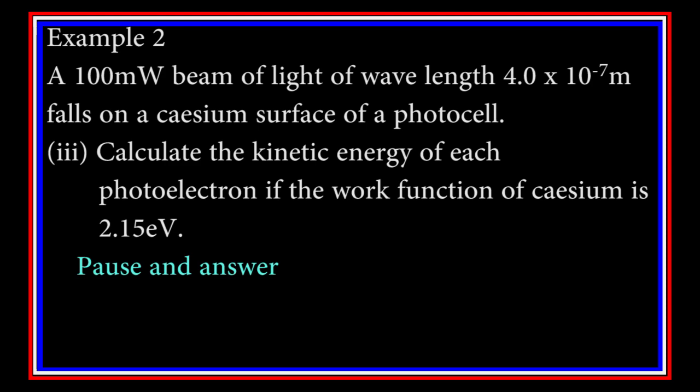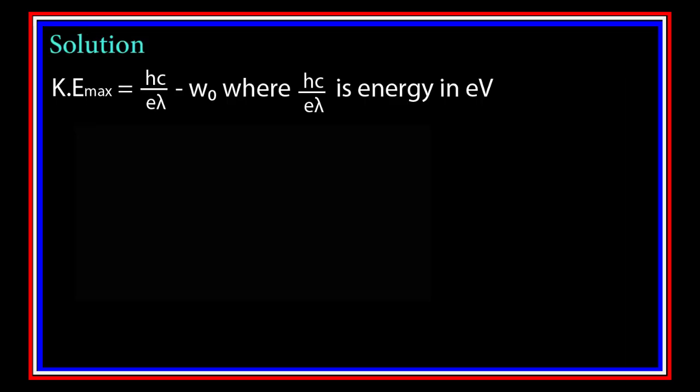3. Calculate the kinetic energy of each photoelectron if the work function of cesium is 2.15 eV. Kinetic energy is equal to hc over e lambda minus W naught, where hc over e lambda is energy in eV.